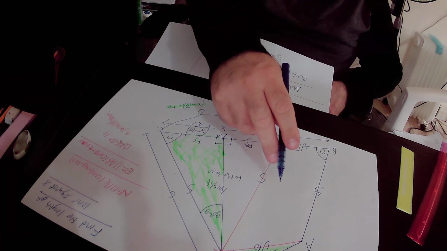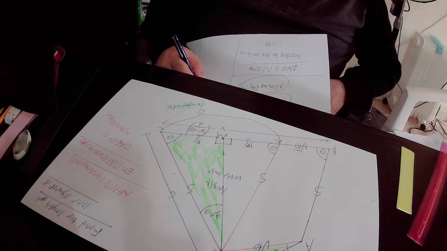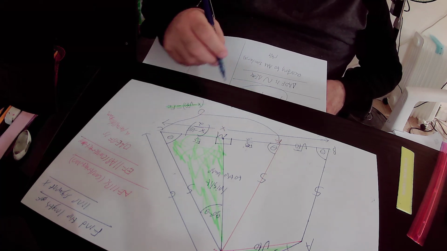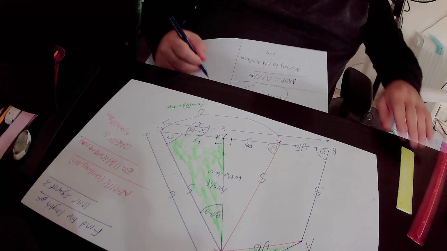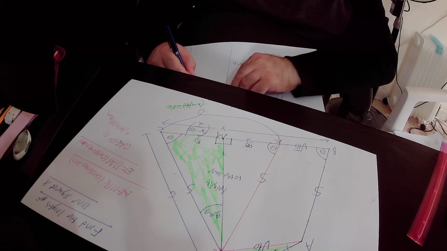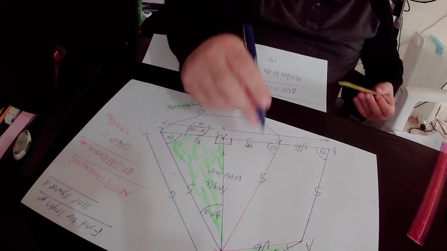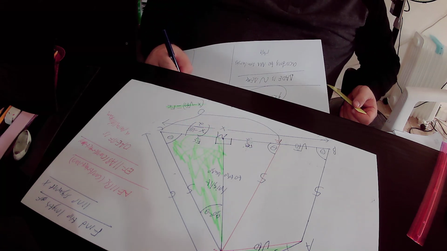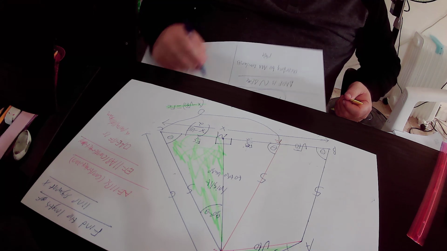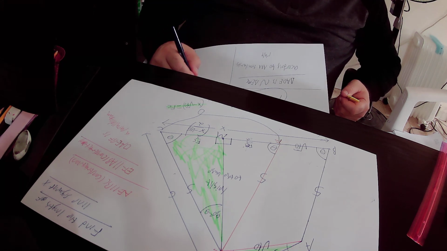AE equals square root of 10 units, EC equals 5, DE equals 1 unit, and MC equals x minus square root of 10 over 2.